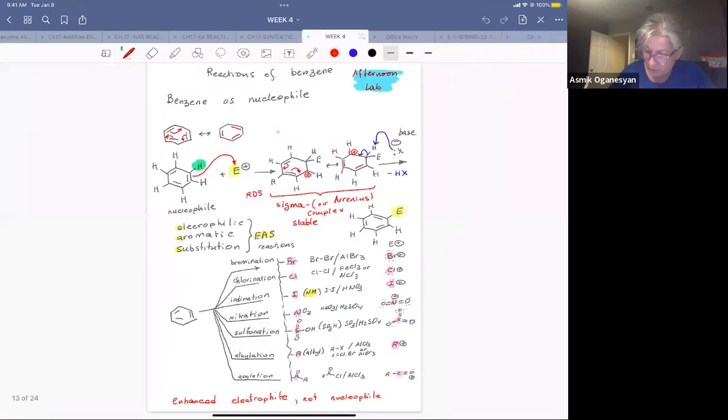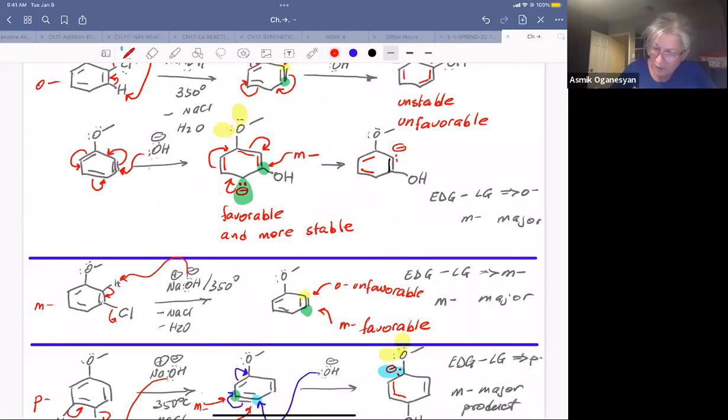And why did my slides run away? Here we are. And of course, now your water molecule is going to offer a proton. We'll recover the hydroxy group. And we will form our product.